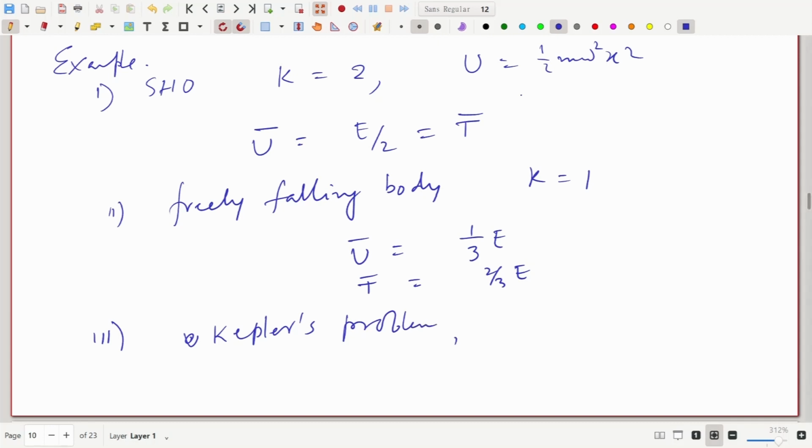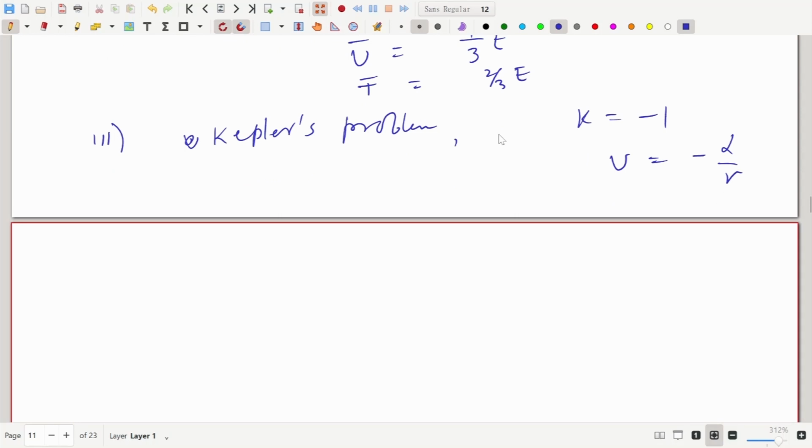For Kepler's problem, k equals -1, because the potential is minus alpha by r, and 1 over r means k equals -1. So if k equals -1, then U bar is 2E, and T bar will be minus E. The average kinetic energy is the minus of the total energy.